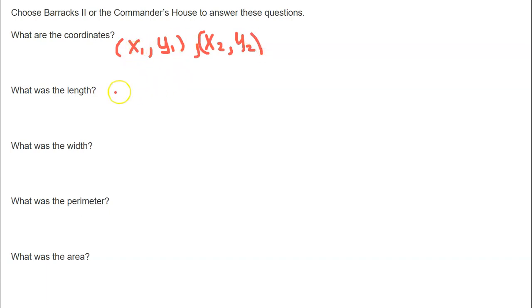The reason that that's important is because to determine the base, you are going to need the distance formula.